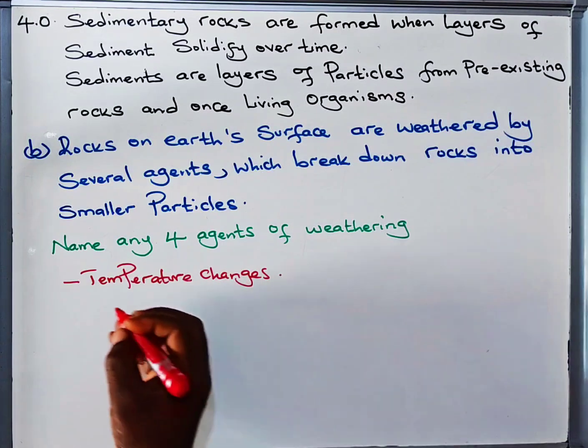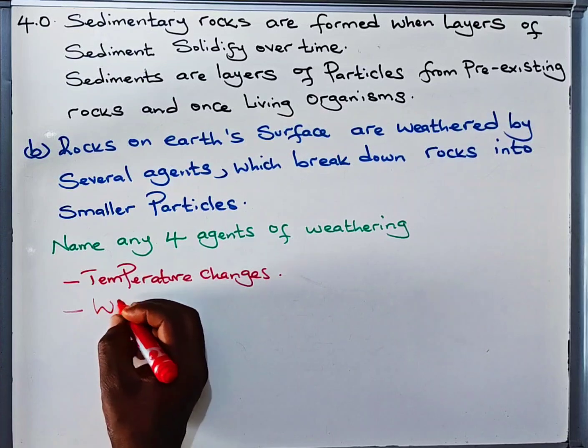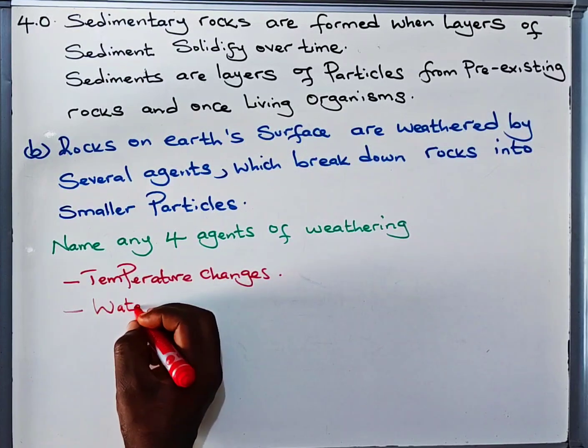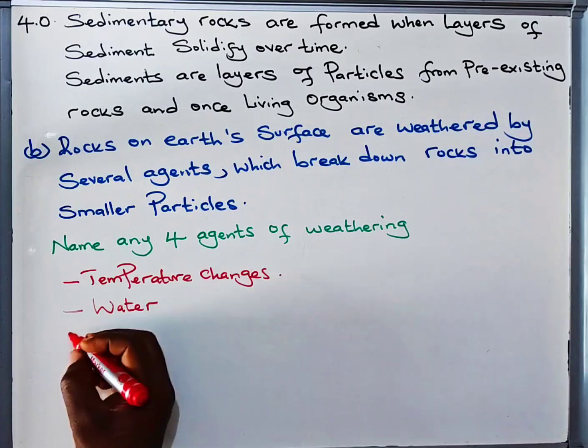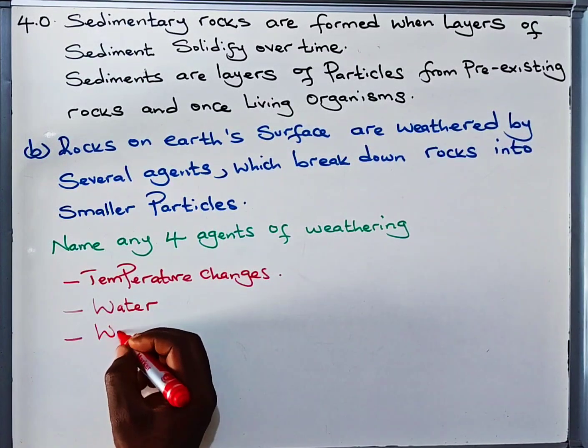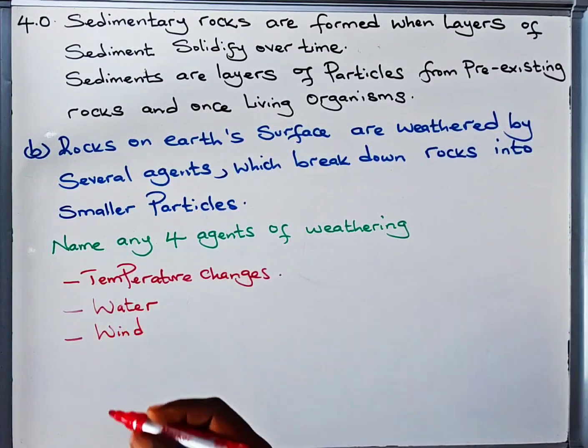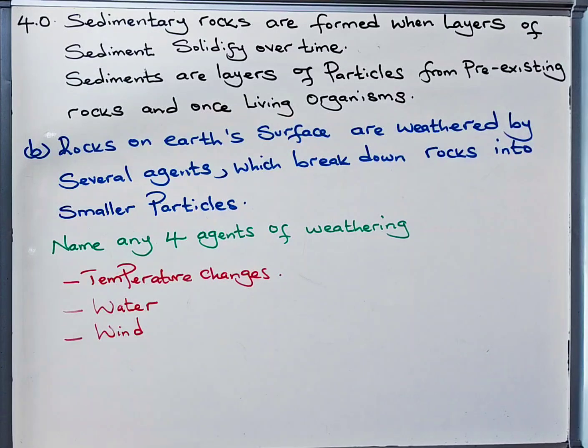Another agent is water. When water is flowing over the surface, it tends to break down rocks into smaller particles. Another one is wind. Wind has the same effect as water.